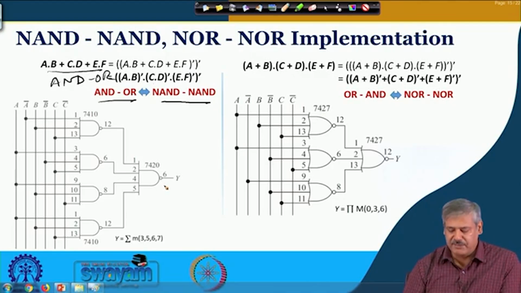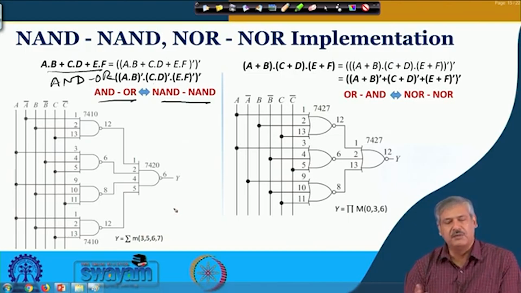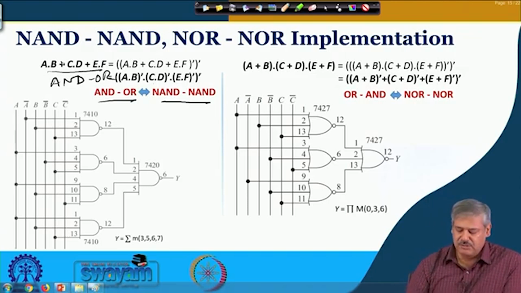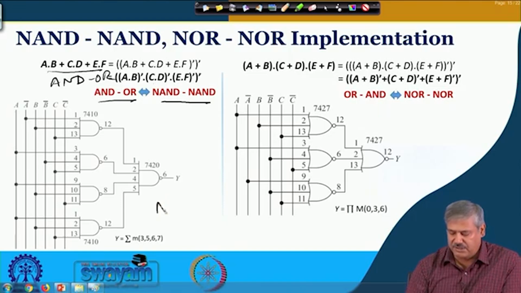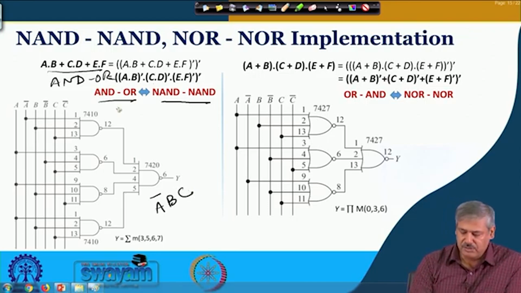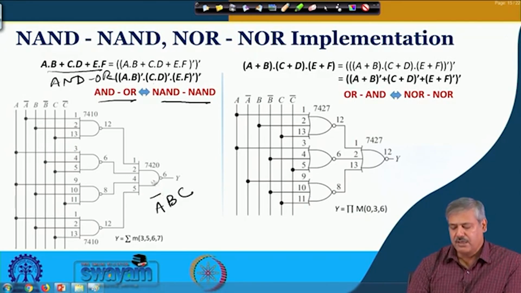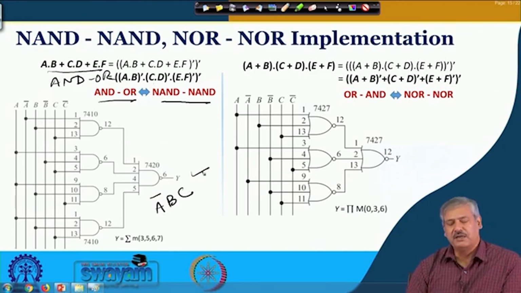So, here is an example. Here you see the M3, these are the minterms that are getting summed. This is using the canonical form. It can be used for other forms as well, any form like what I had shown as an example. Minterm 3 is your A bar, B and C. You see this output here, it is A bar, B and C. So, the corresponding NAND term will be generated, and then that NAND term is combined with other NAND gate outputs in another NAND gate, and then you get the same SOP realization, but using NAND implementation.